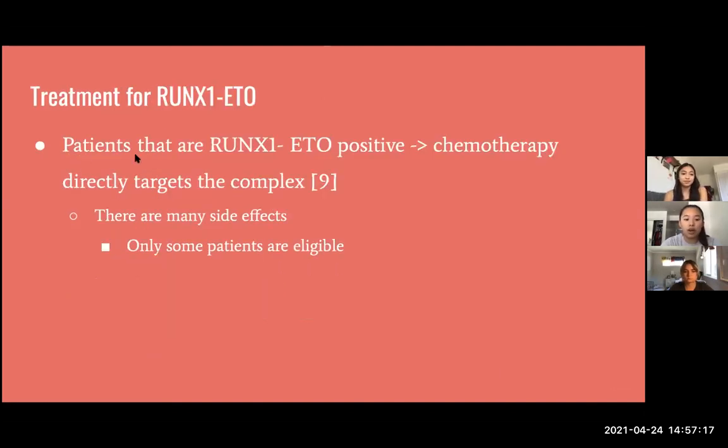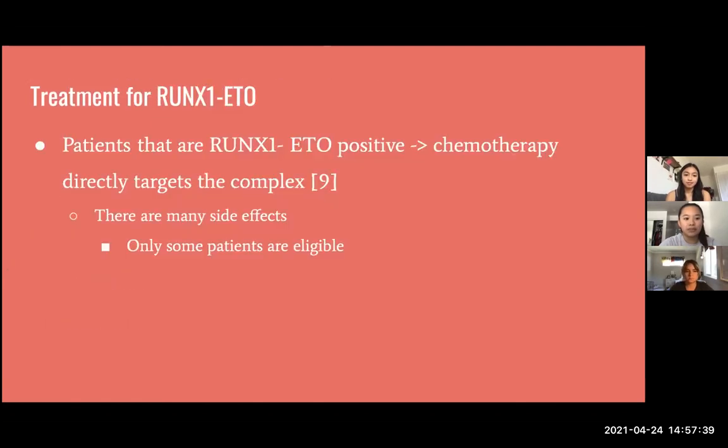So patients who are RUNX1-ETO positive, chemotherapy will actually target the oncoprotein, but because there are serious health consequences and it requires a high dosage to achieve any sort of progress, many elderly patients and younger children do not qualify for this treatment. Can you go back?